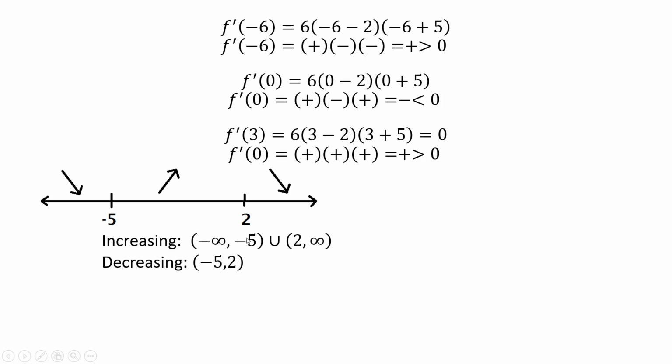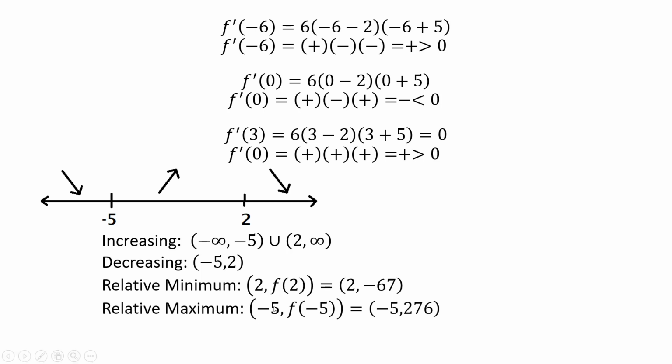Did I switch from increasing to decreasing? I did at -5, so that's where I'm going to have my relative maximum. Did I switch from decreasing to increasing? I did at 2, so that's going to be my relative minimum. So my relative minimum occurs at 2, and then to find the ordered pair, I'll plug 2 into my original function, which gives me -67.